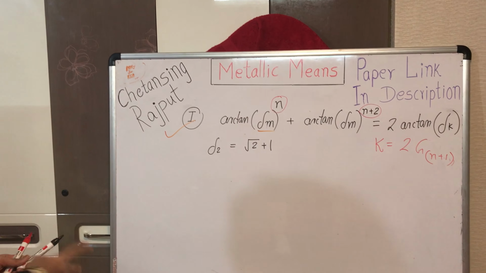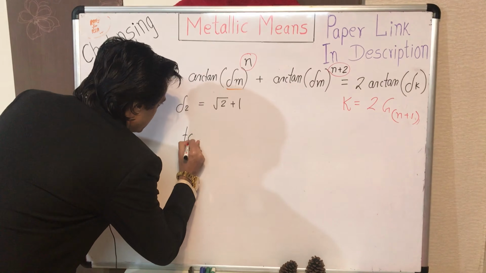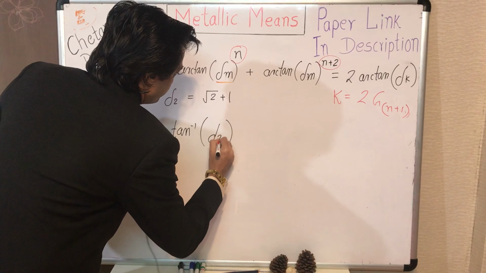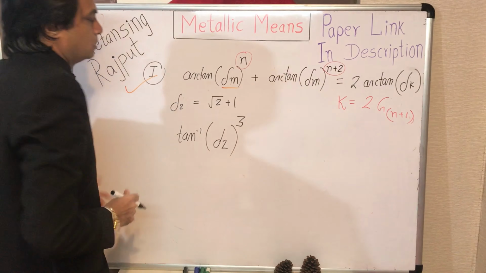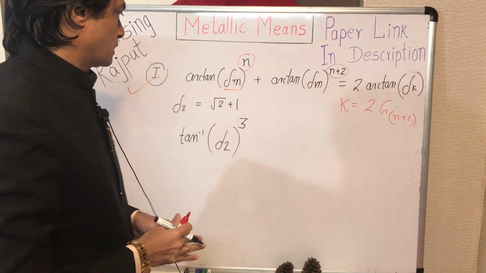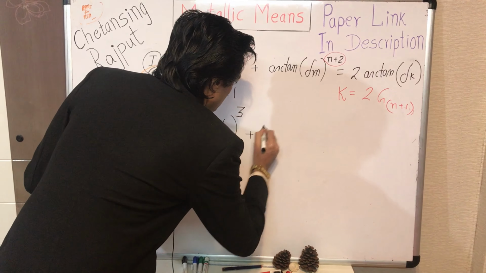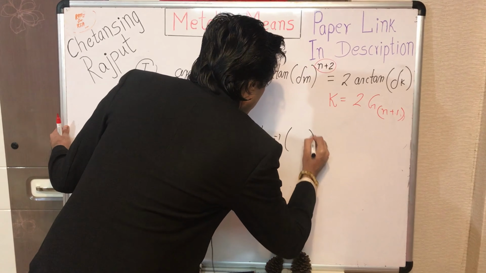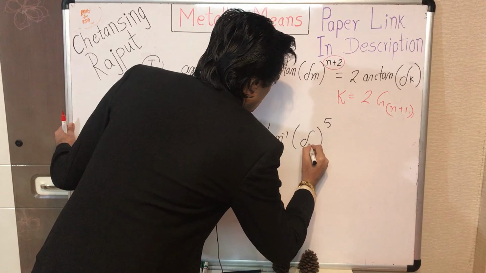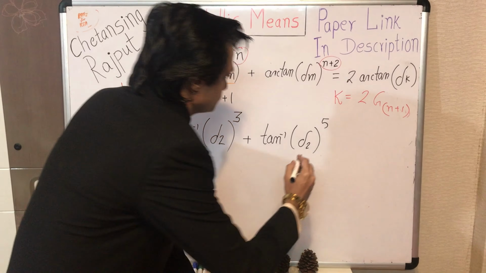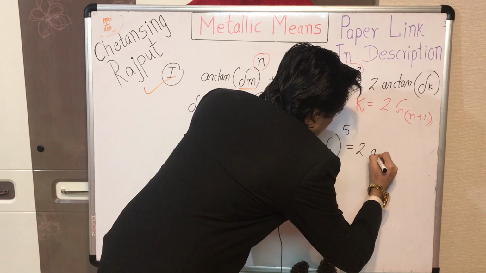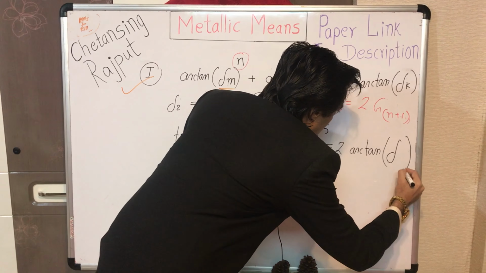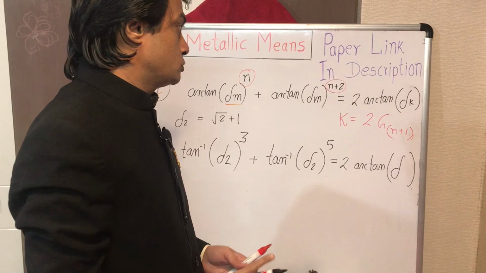Like this: the arctangent of, say, the third power, the cube of the silver ratio, plus the arctangent of the fifth power, n plus 2, of the silver ratio. And this will give us twice the arctangent of the kth metallic ratio. And what is the value of k here?